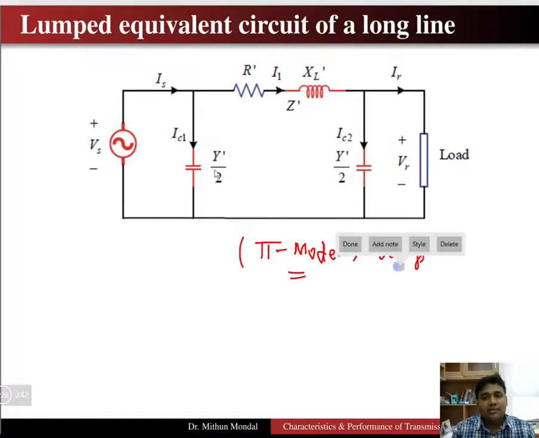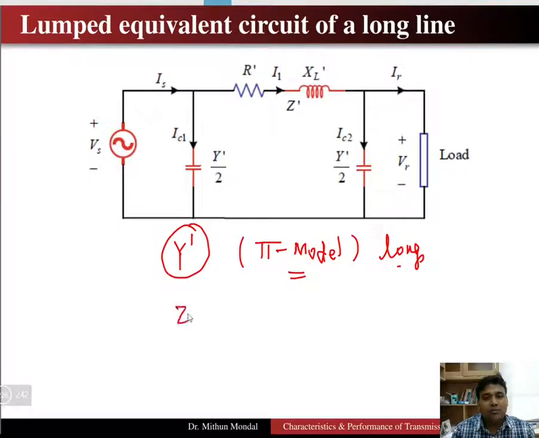In that case, we are going to determine the value of Y' and the value of Z'. So Y' and Z' are basically the series impedance and shunt admittance of the pi model of the long transmission line.